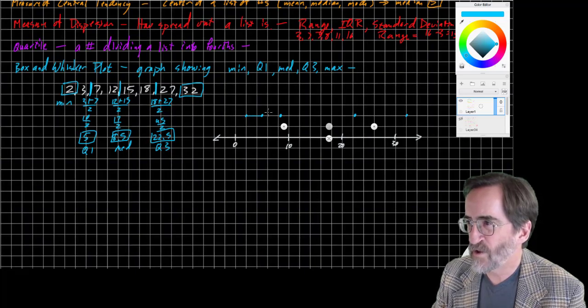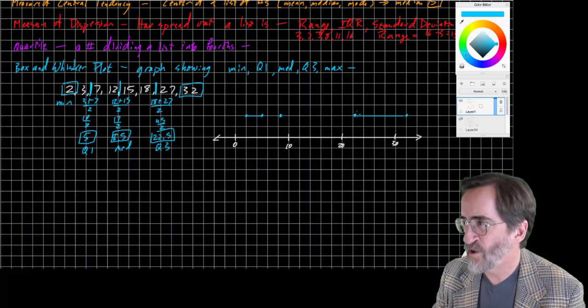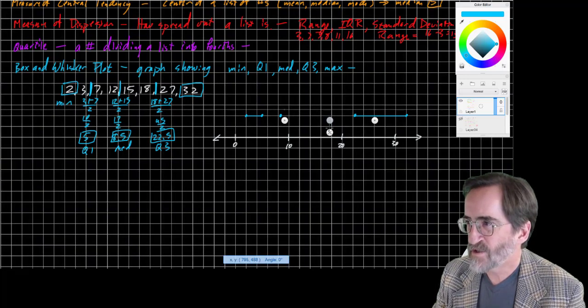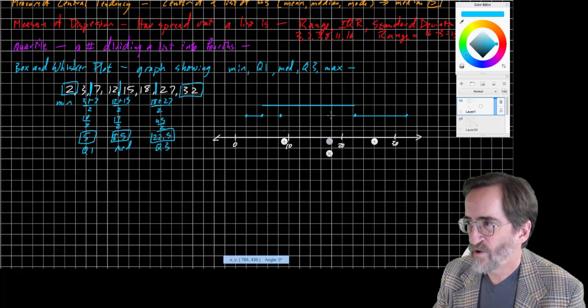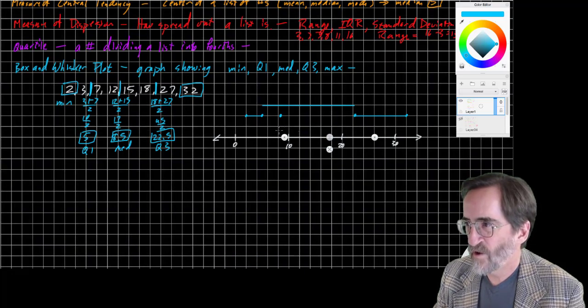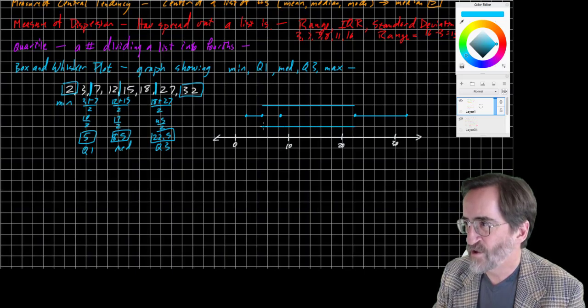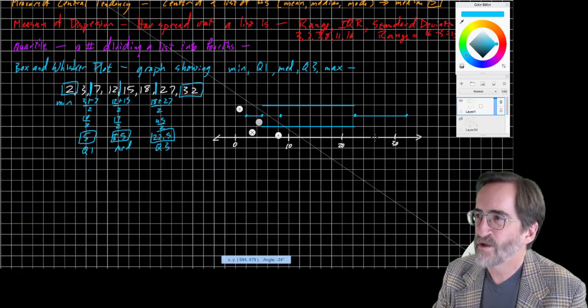Okay, and we put a whisker between the first two and the last two. We put a box in between the second and the fourth. And then we draw vertical lines at each of them.